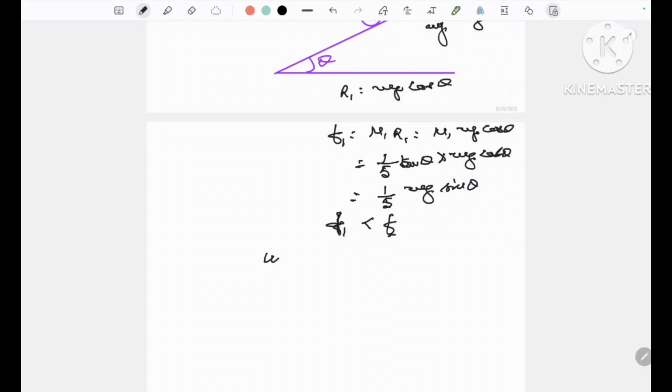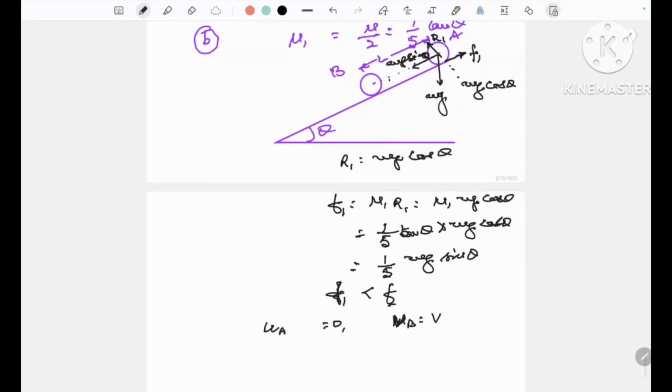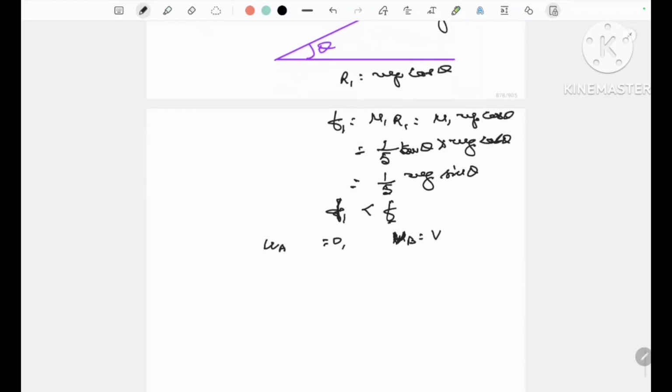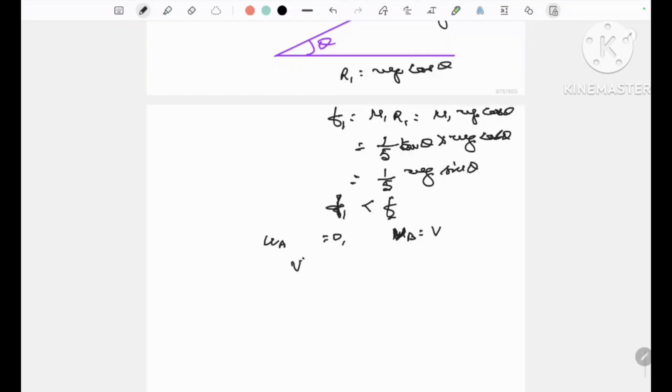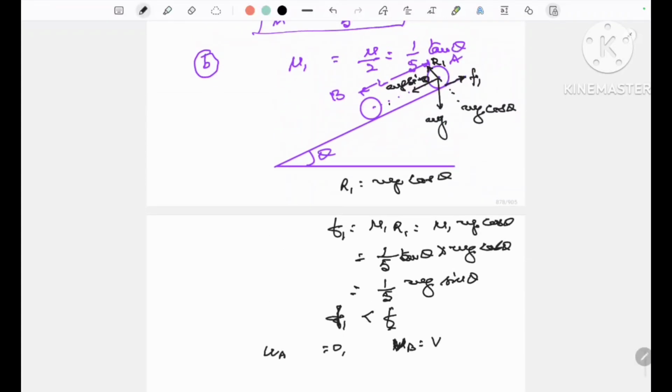Speed at A, uA, is 0. Suppose speed at B is V. Suppose the downward acceleration is a1.